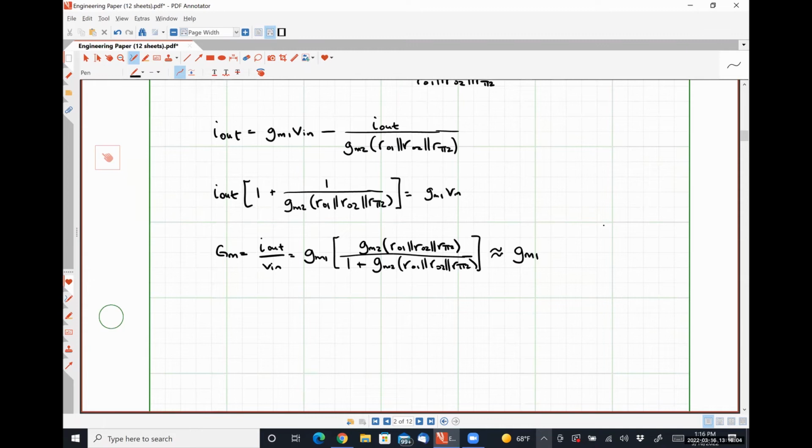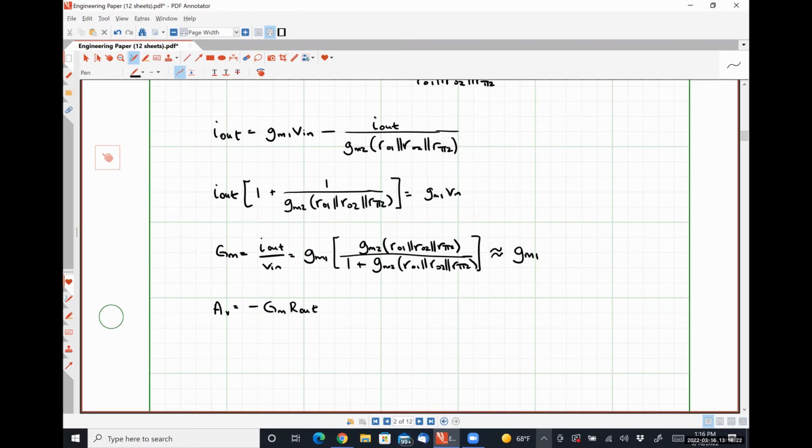From this, our voltage gain, AV, is negative GM times R out, as we discussed in our previous class.